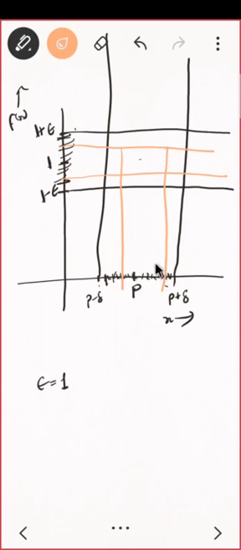That is in your hand: which delta you should decide, so that all the values lying between p minus delta and p plus delta, all their images, should be in this band.